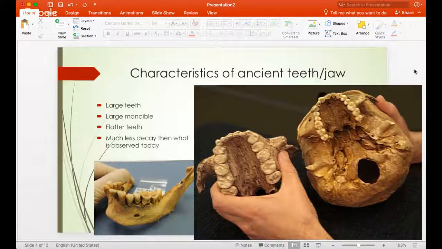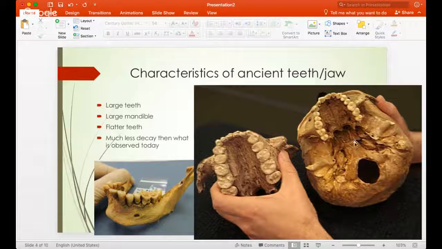Since I'm talking about the evolution of the teeth and jawbone from our ancient ancestors, I figured I'd list some of the characteristics of these early hominid ancestors. First of all, they had much larger teeth.